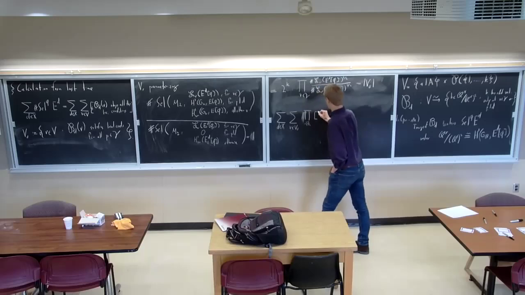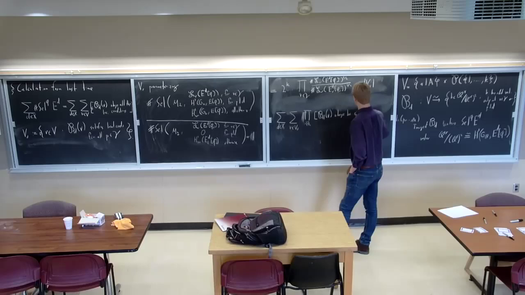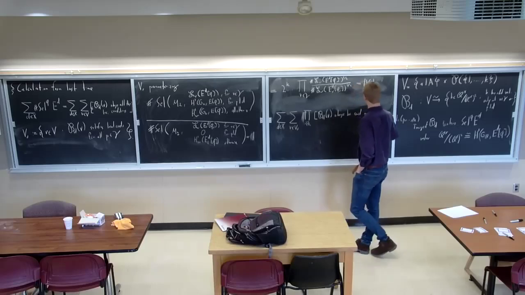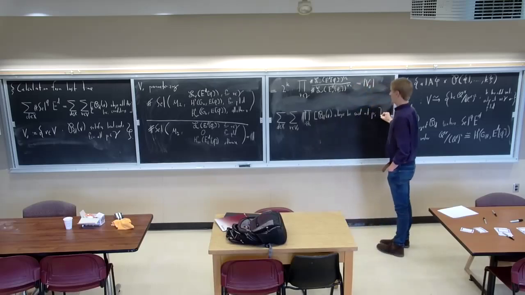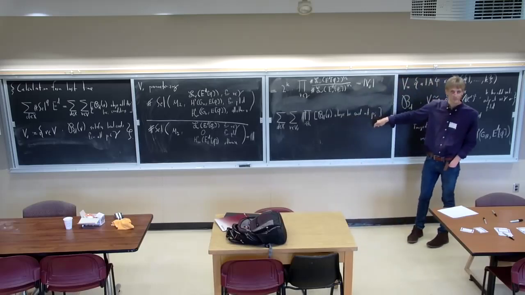So I'm just going to write that down. This sum of products of these characteristic functions equals the sum of the sizes of the Selmer groups.